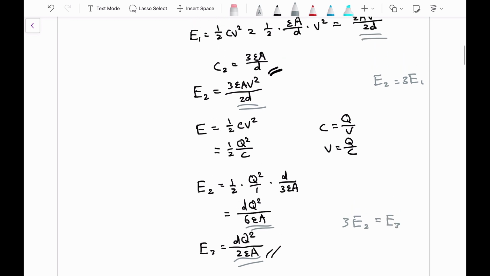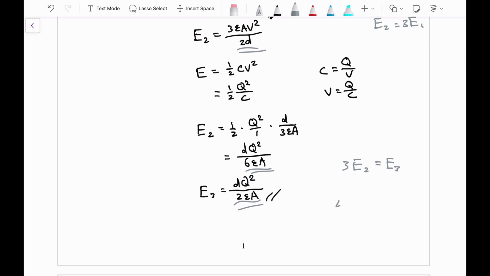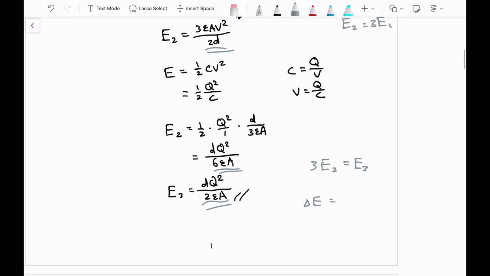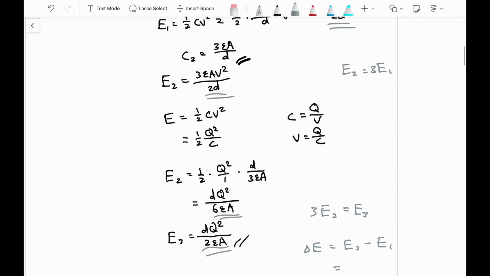So the difference in E will be equal to E3 minus E1. We know that E3 is equal to 3E2, and 3E2 will be equal to 9E1.